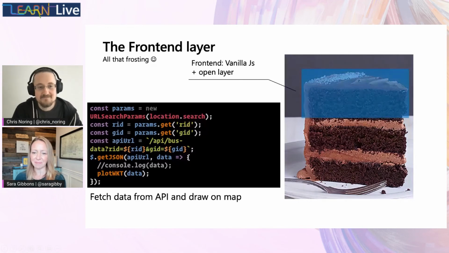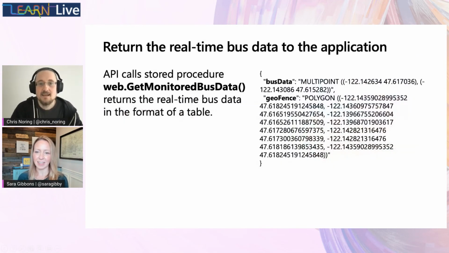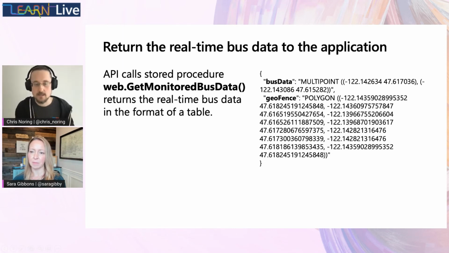It's great. For sure. All right, so then from that call, it looks like, Chris, we're getting some bus data back to the application. So tell us what we're looking at here. Yeah, so we're looking at JSON data. At this point, the frontend has called the API, and the API has called a stored procedure on our database. And back comes this JSON.